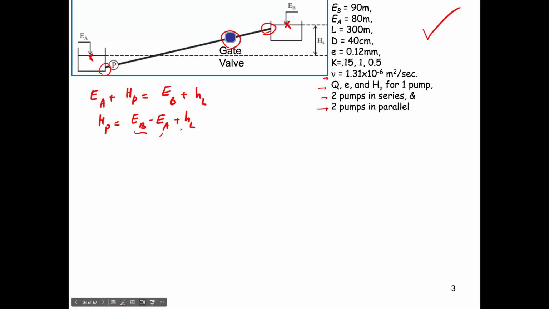Instead of this one, if you remember, we can replace it with HS plus HL. Instead of HL, I like to replace it with minor, major, if you remember. And to be easier, I will keep velocity out of these parentheses.